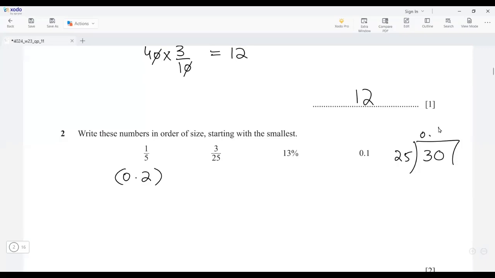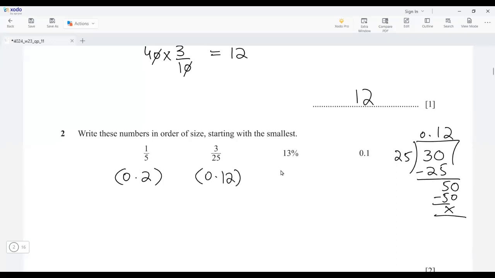It is 25 one time. So 30 minus 25 results in 5. We have to put another 0 because 5 is smaller than 25. So 25 two times will result in 50. So it is completely divided now. It means that it is giving us 0.12.